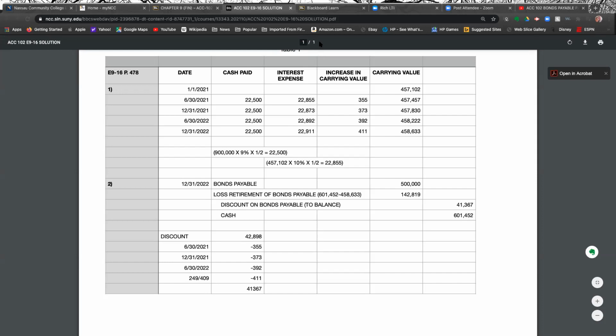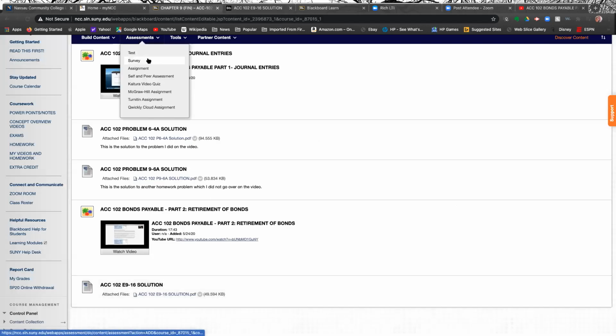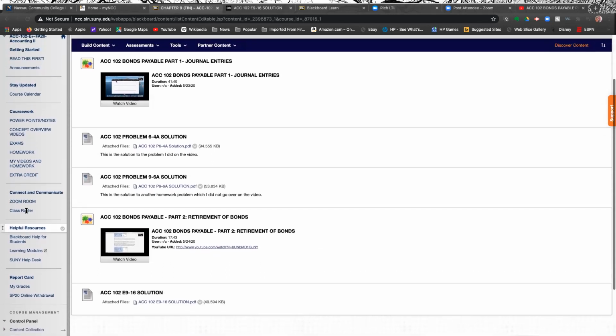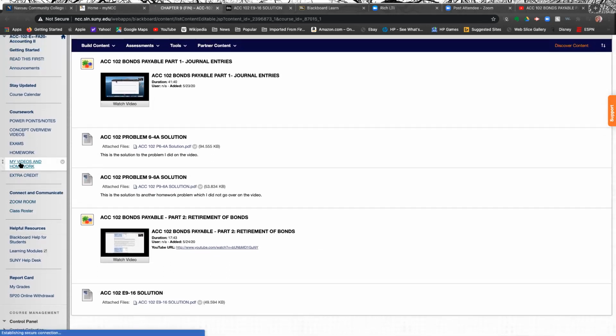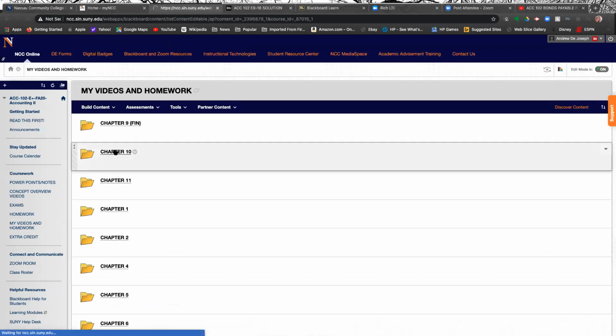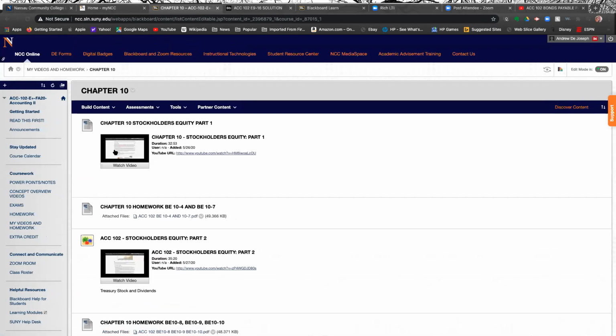So let's see if we can look at stockholders' equity. Chapter 9, we move on to chapter 10. So this is stockholders' equity, part 1. I'm going to pause this again.